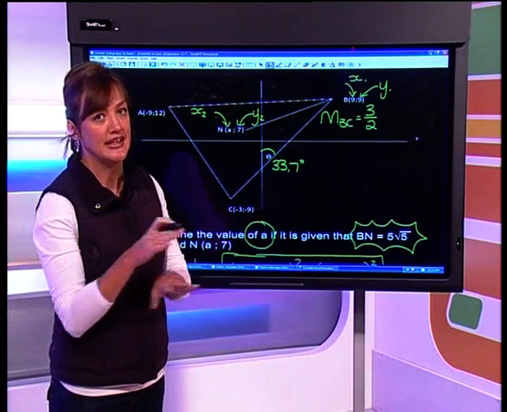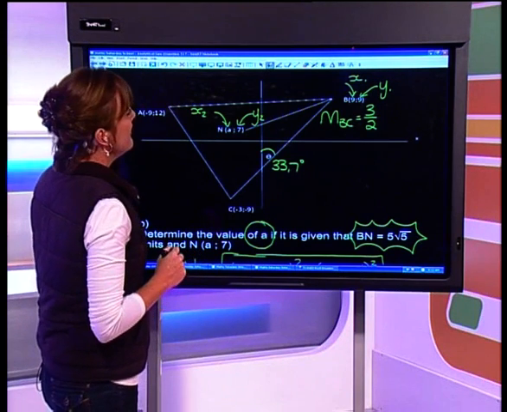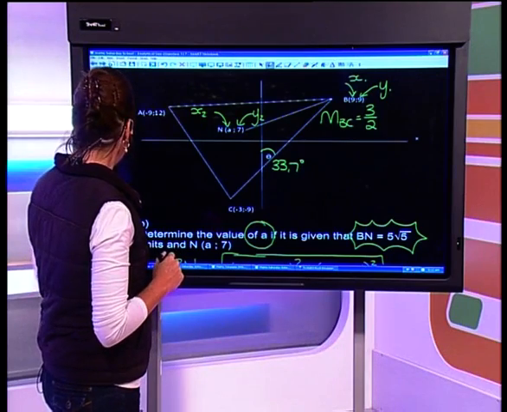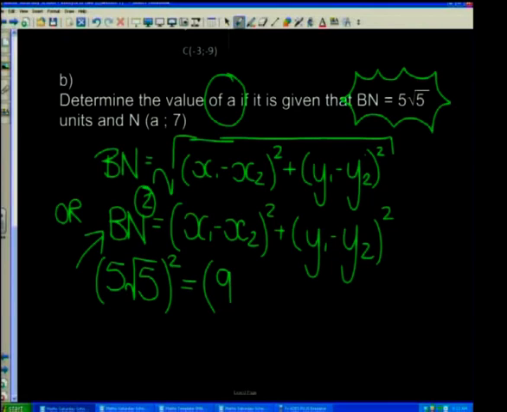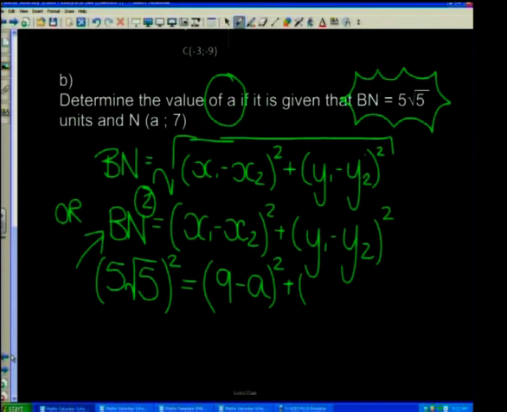It's very easy to get them a little bit muddled, so let's not do any silly things like that. So x1 minus x2 is going to be 9 minus a, and it is being squared, plus y1 minus y2. y1 is 9 and y2 is 7, so therefore 9 minus 7, and again that is being squared.